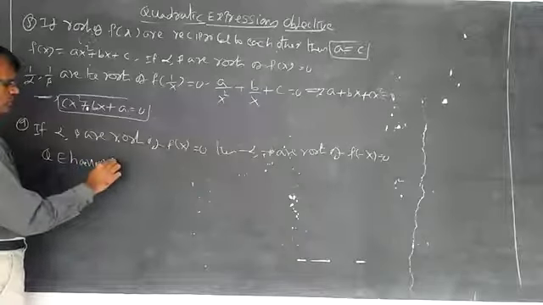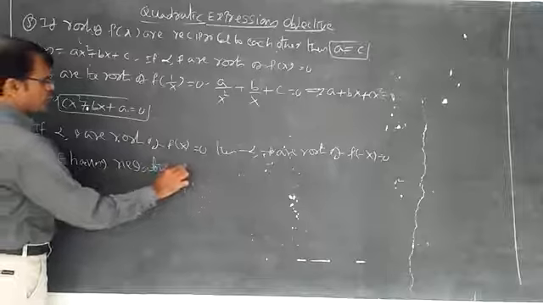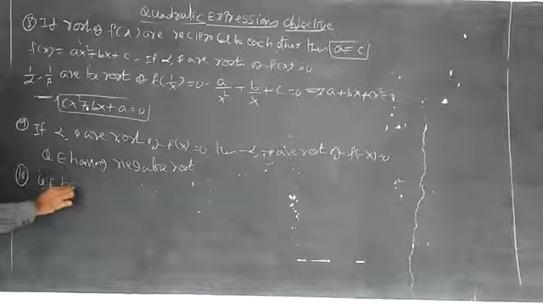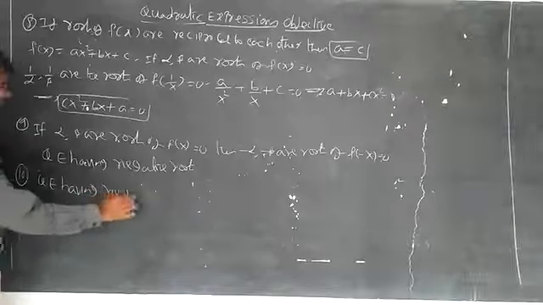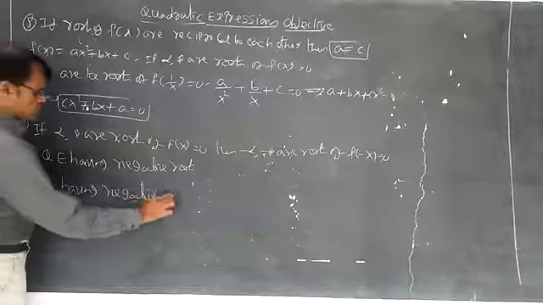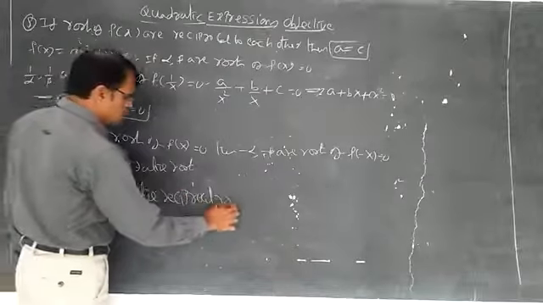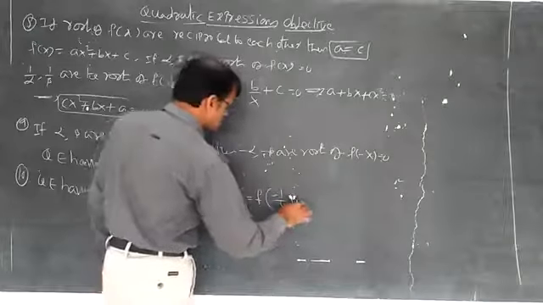For the QE having negative reciprocal roots, you can say that f of minus 1 by x equal to 0.